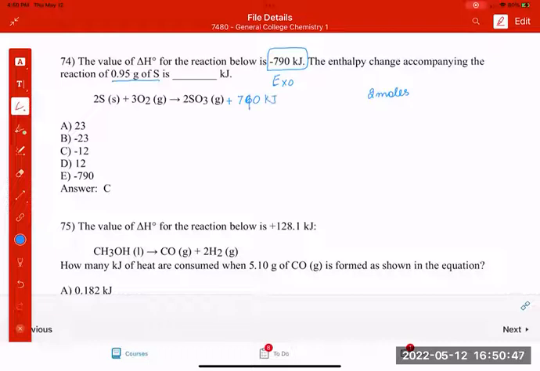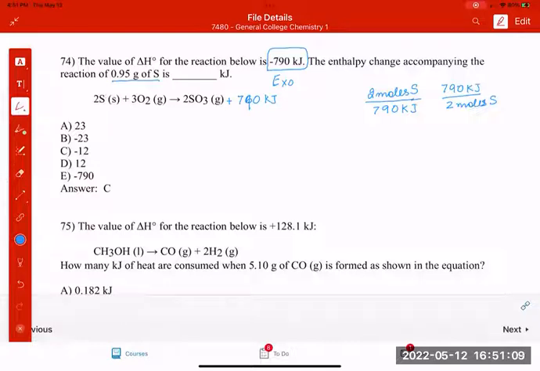So the relationship now is 2 moles of sulfur is giving off 790 kilojoules of heat. And the other conversion factor is 790 kilojoules of heat over 2 moles of sulfur. Now, the value of delta H for this reaction is the enthalpy change.